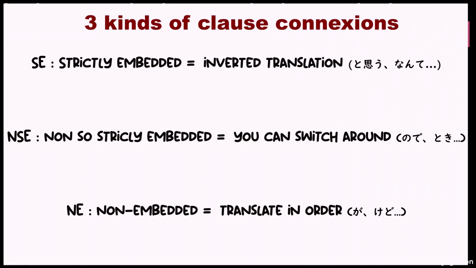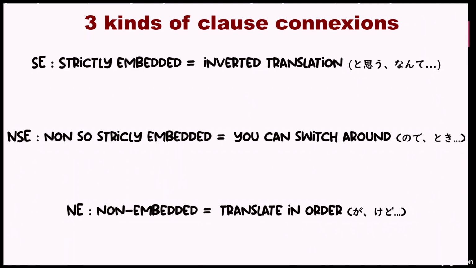So, we can then say that in Japanese you have 3 kinds of clauses. Clauses that are strictly embedded, and that we will call SE clauses. The translation will always be inverted. You have then embedded clauses, but not so strictly embedded, which we call NSE clauses. In that case, the translation can be inverted or not.